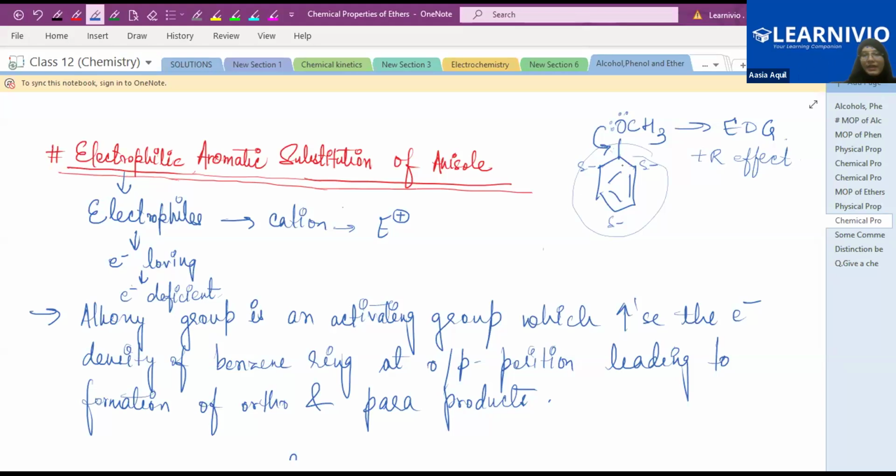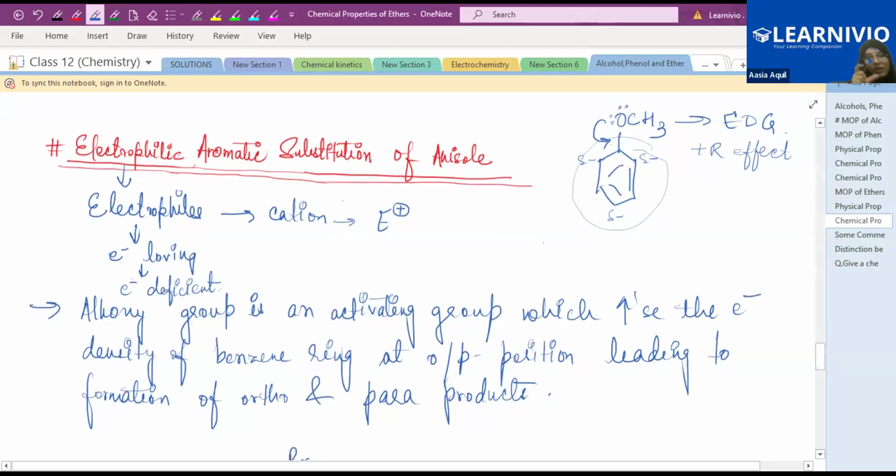So, electrophilic aromatic substitution of anisole. What is electrophilic aromatic substitution? Let's understand this. Electrophilic: electron plus philic, electron loving. Electrophile means electron loving; philic means love. So the groups or compounds which love electrons are electron loving, meaning they are electron deficient.